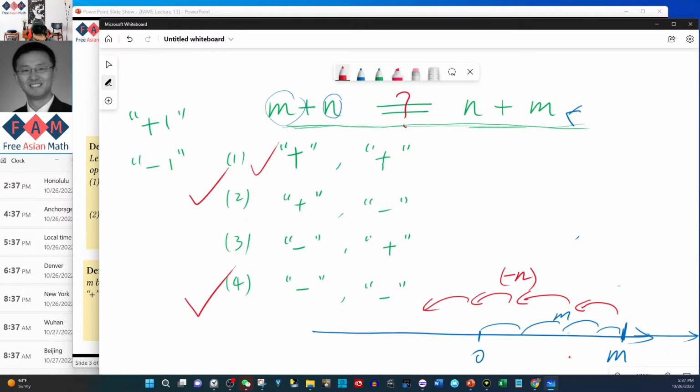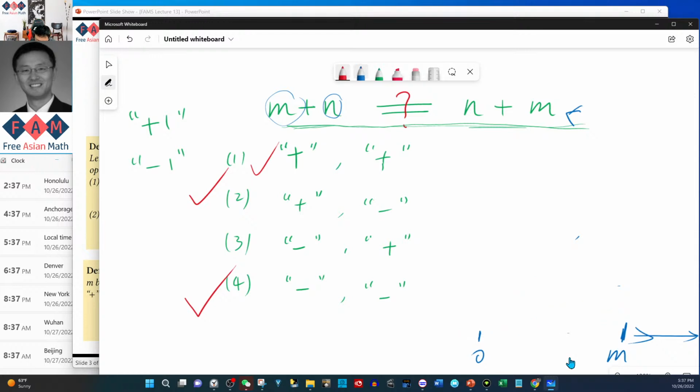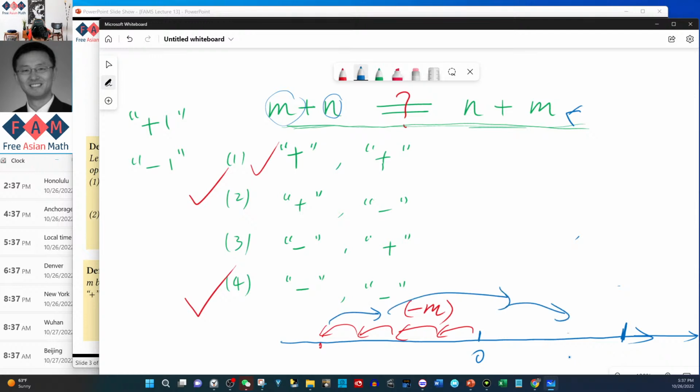If m is negative, I need to go toward the left, the negation of m times, because now m is negative. Then we will go to the right n times, right?